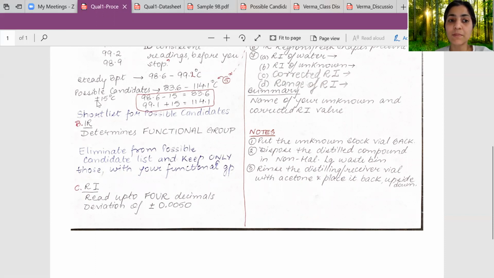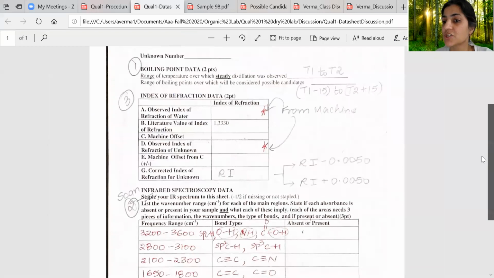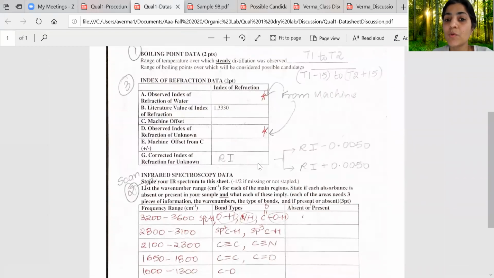So just like we did a plus minus 15 for your boiling points, you will do a similar plus minus for your corrected RI value. So if you look back at the data sheet discussion that I have, you will subtract 0.0050 from this value and you will add 0.0050 to this value. You will get a new range.